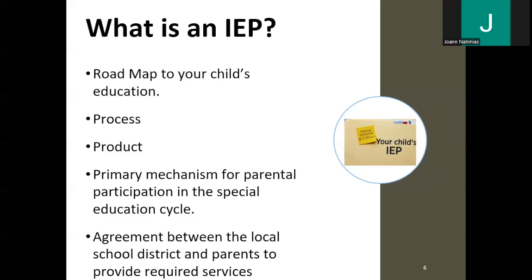As a product, the IEP is the written document that outlines the services, supports, and goals for the student. Most importantly, the IEP is the main way parents participate in the special education process. It is also a legal agreement between the school district and the family to provide the services and supports your child needs.